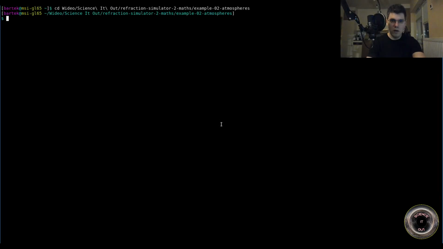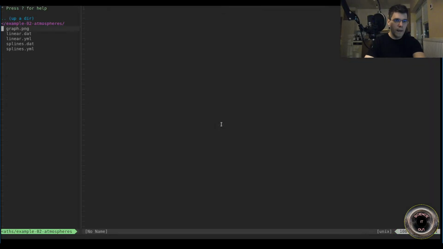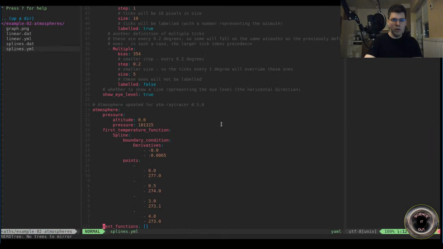Okay, I will show you later what this all is about, but basically atmosphere is defined by defining pressure at some altitude and then defining temperature. This is probably cryptic for now, but I will explain in a moment what all this means and what happens here.